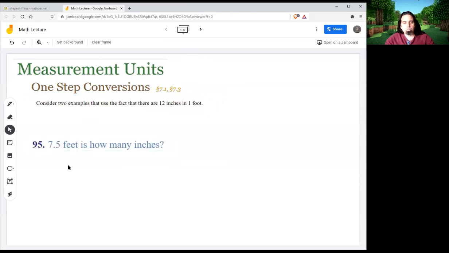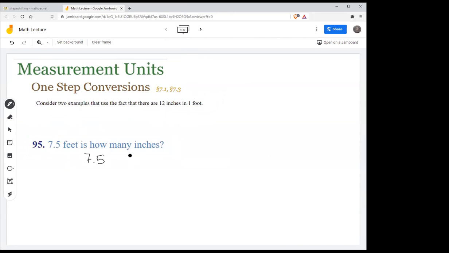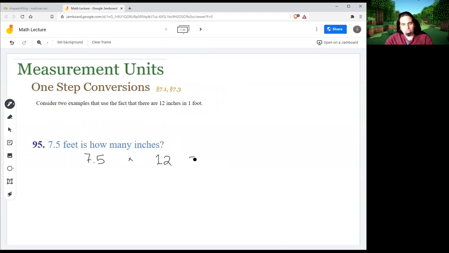So which one should we do for going from feet to inches? Multiply. So I don't happen to know what that is off the top of my head. I'll take out my calculator. 7.5 times 12 gives me 90 inches.